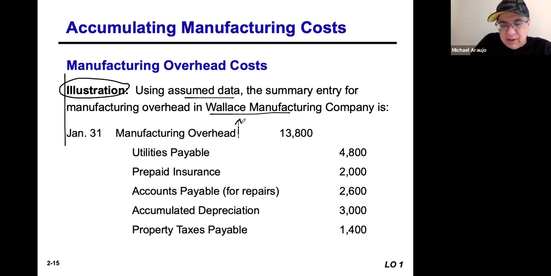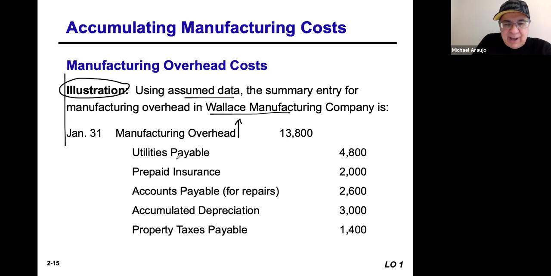Again, this is one of the accounts that is subsidiary of the inventory in a manufacturing business. Raw materials, factory labor, and manufacturing overhead are sort of subsidiary accounts to inventory. So that's a debit of $13,800.